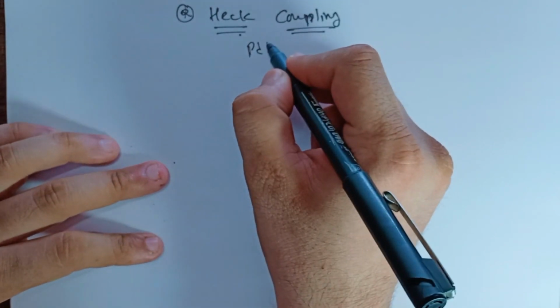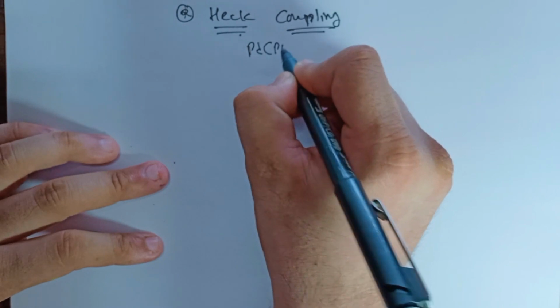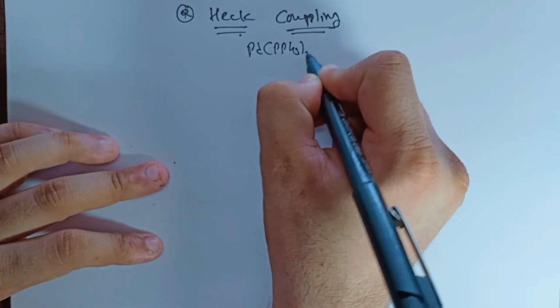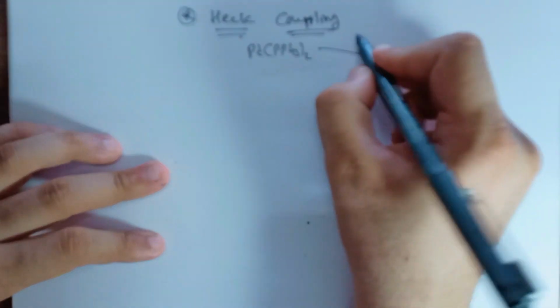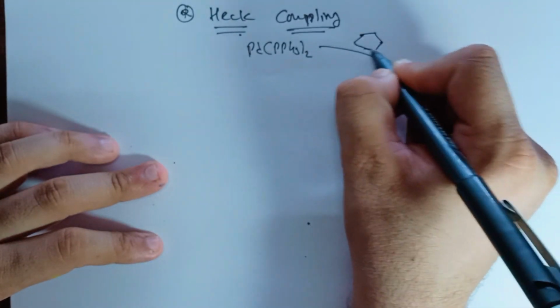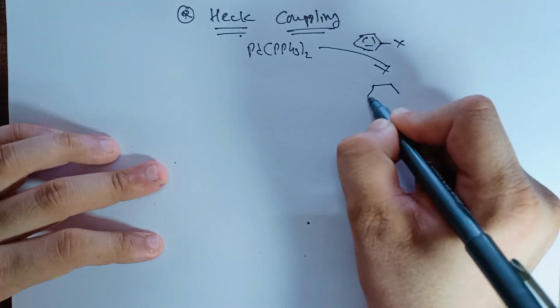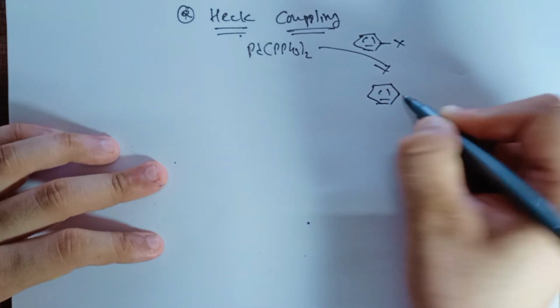Here we are having a palladium catalyst with the PPh3 twice as ligands. Now, in the presence of bromobenzene, that is an aryl halide, it will undergo an oxidative addition reaction. So here we are having this type of molecule, that is an aromatic ring.